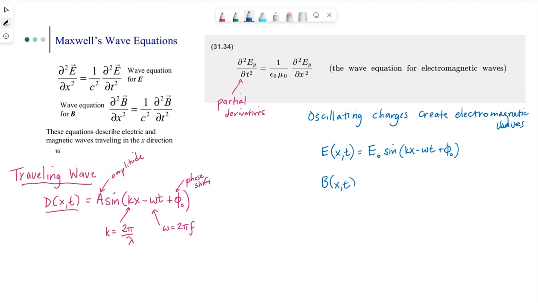At the moment, I'm just writing it as a function of x and t, similar to as I did with the traveling wave. This would imply the wave is traveling in just the x direction. E naught is the maximum value of the electric field. I'll write that out.